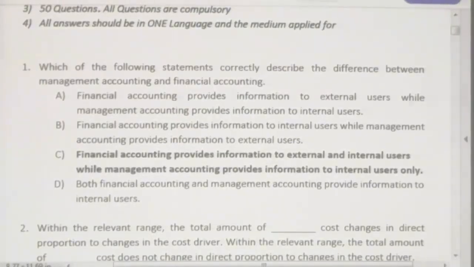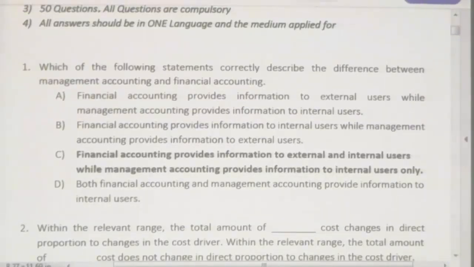Therefore, let's see the first answer, and why it cannot be selected. "Financial accounting provides information to external users, while management accounting provides information to internal users." It is incorrect. The reason is that management accounting provides information for internal users. That is correct, management accounting reports are not going to be published. Therefore, it is provided for internal users.